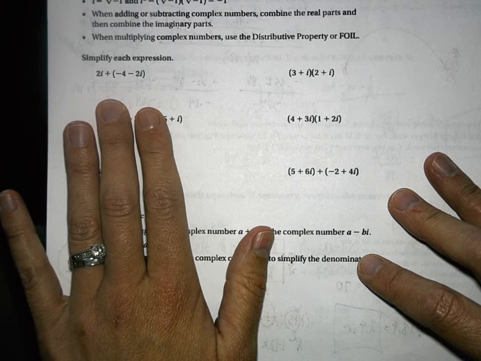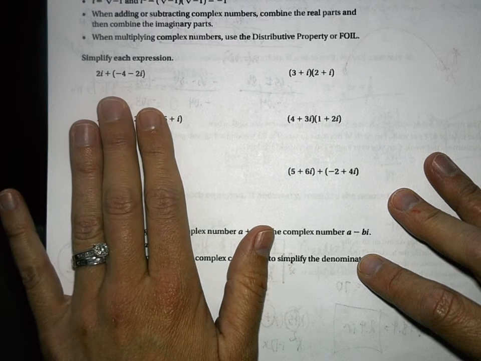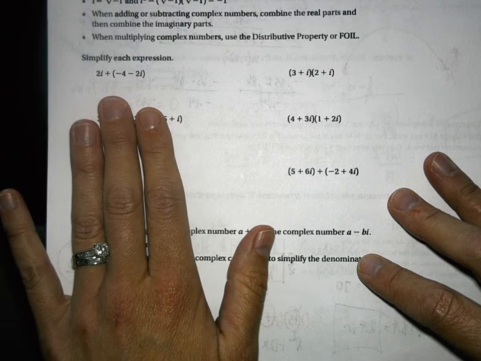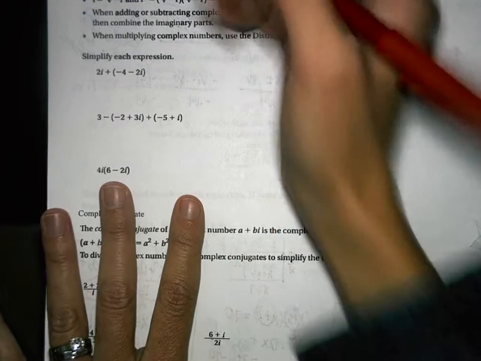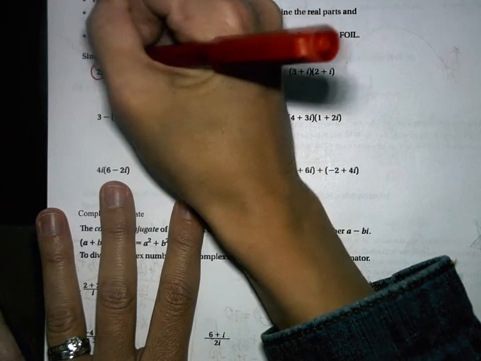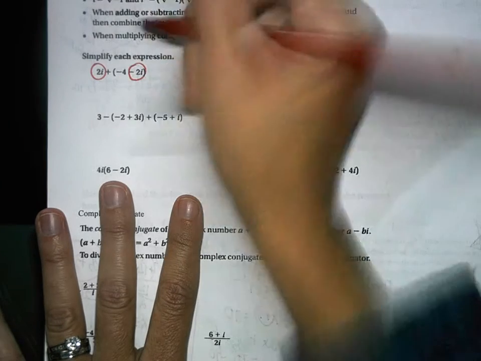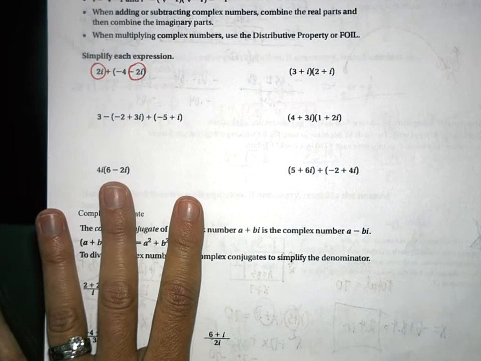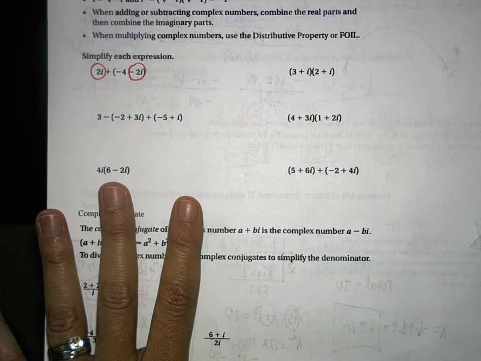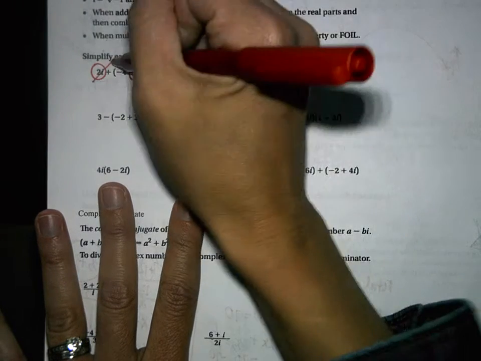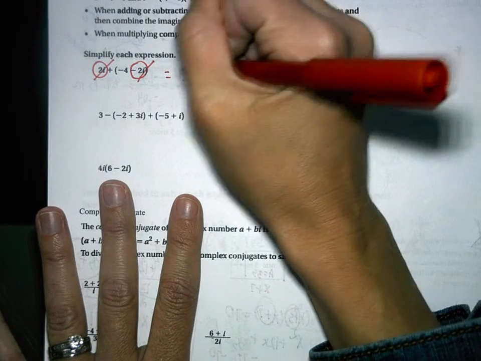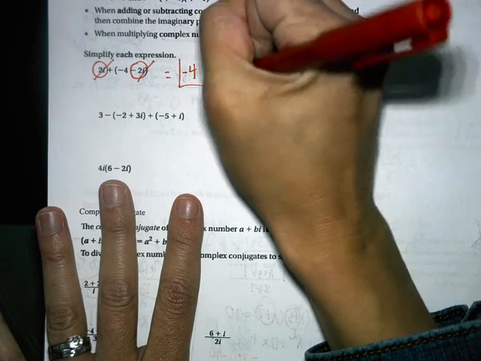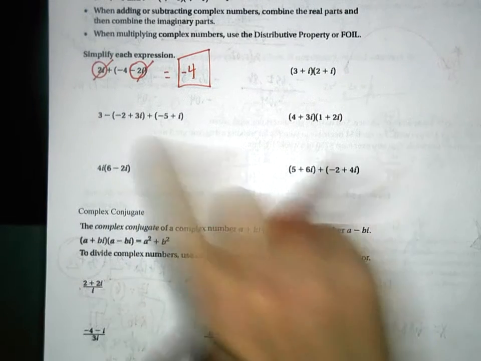When you are writing these answers, you normally write the real part first, meaning the part without the i, and then the imaginary part second, okay? In this case, my i's, I can combine my like terms. They end up canceling out because 2 minus 2 is 0. And so the answer for this first example is just what? Negative 4.